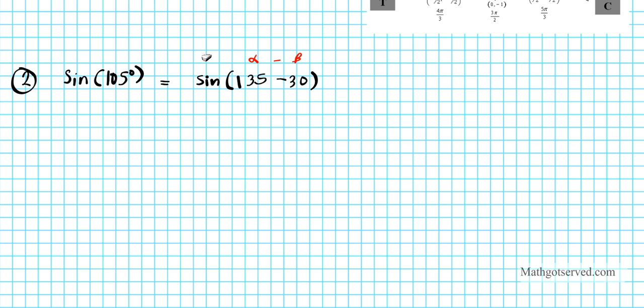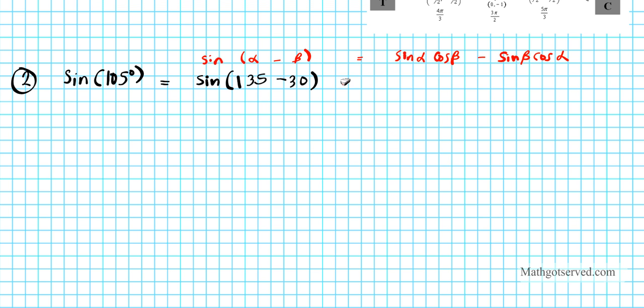We're looking at sine alpha minus beta, the difference identity for sine. That's going to be sine alpha cosine beta. You switch the trig functions and keep the sign, minus sine beta cosine alpha. That's the difference identity for sine.